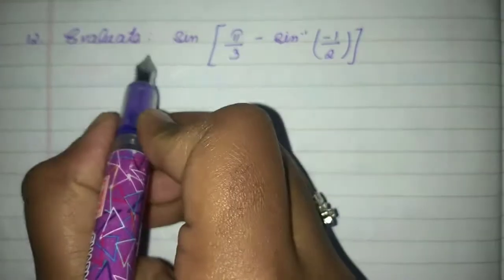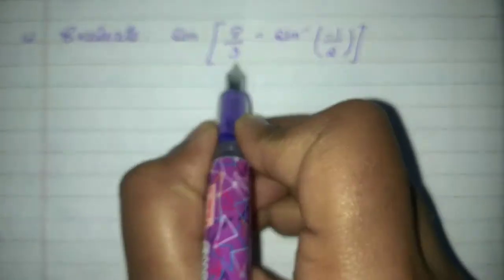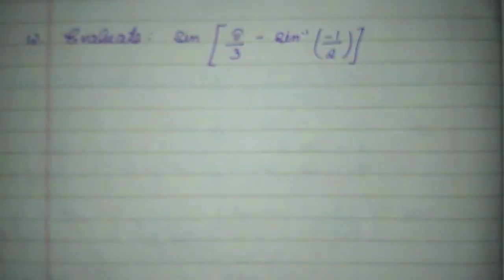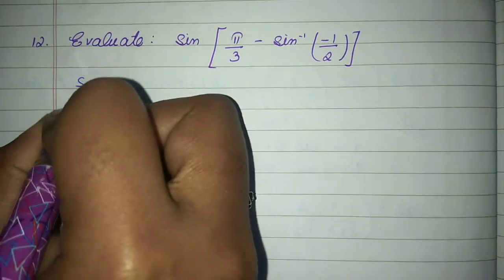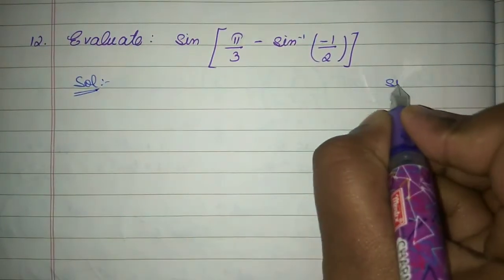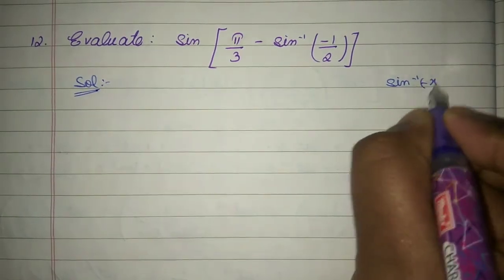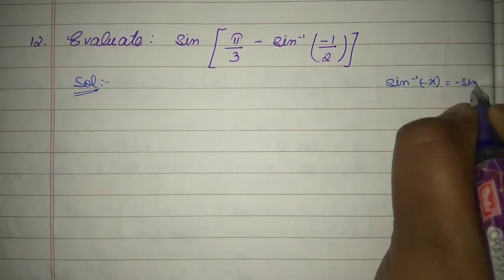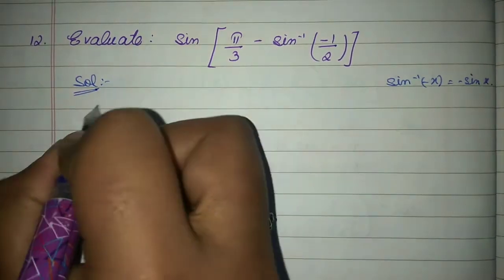Question 12. Evaluate sine of pi by 3 minus sine inverse of minus 1 by 2. So solution, we will be using the formula. See here, sine inverse of minus x is equal to minus sine inverse x. So we will be using that formula.